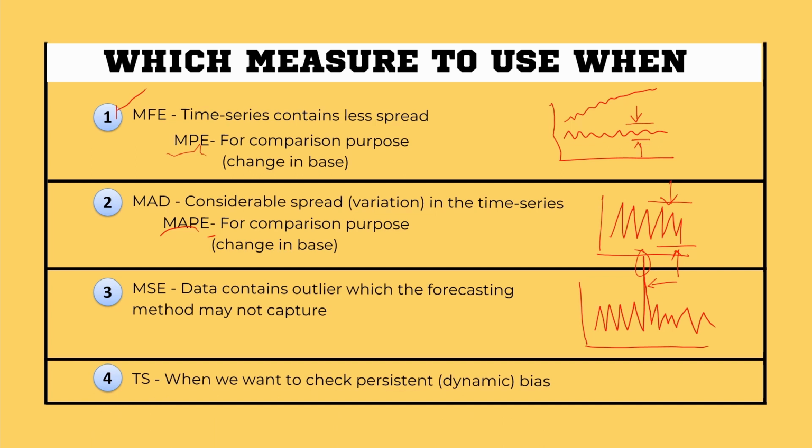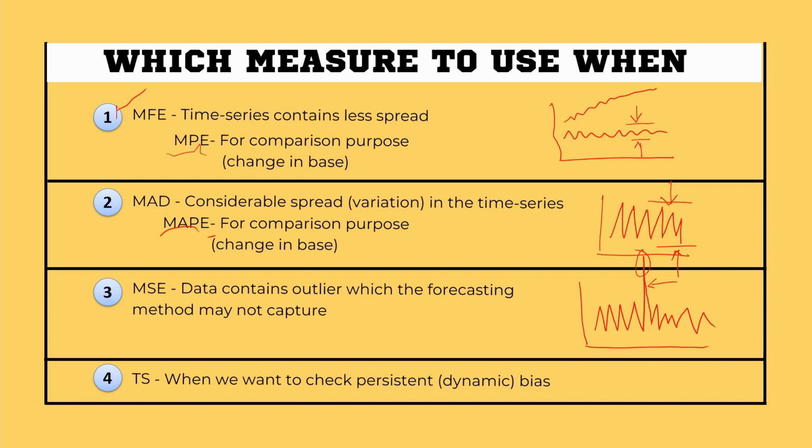And finally, TS. If you want to measure the bias on a dynamic basis, that is persistent bias, in that case you will use the TS. In the case of TS, we are updating the TS in every period separately, as we have seen in the spreadsheet also.